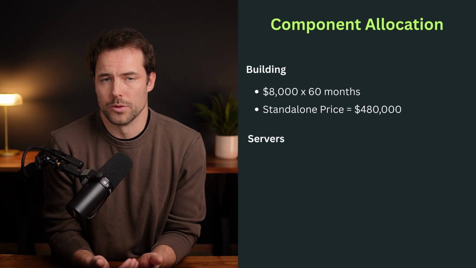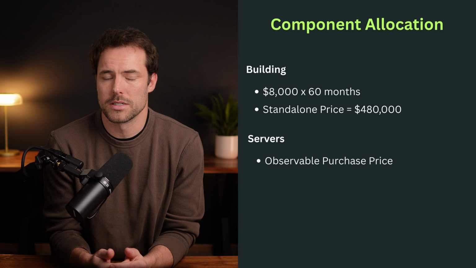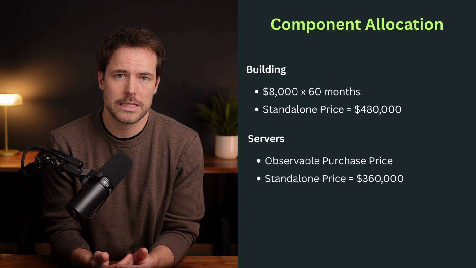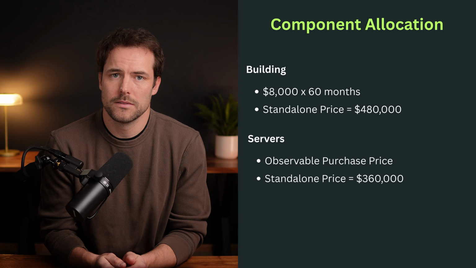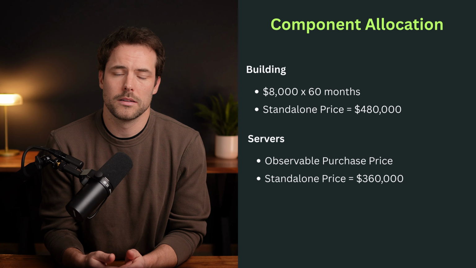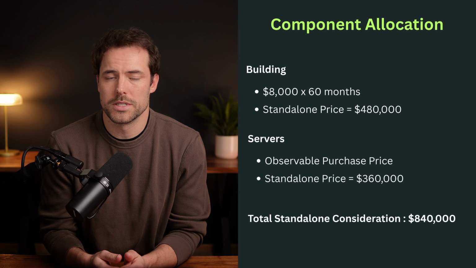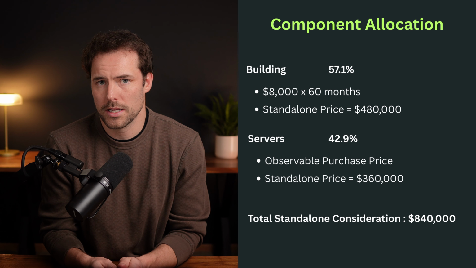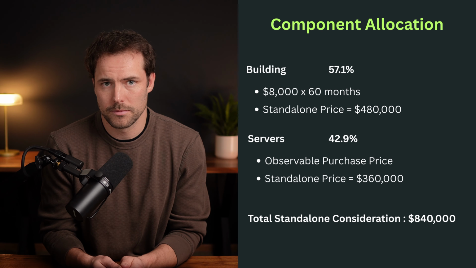Let's also assume that our research suggests we could purchase similar computer servers today for $360,000. These figures then represent the relative standalone prices of the two components. Combined, they total $840,000, with the building representing 57.1% and the servers representing 42.9%.